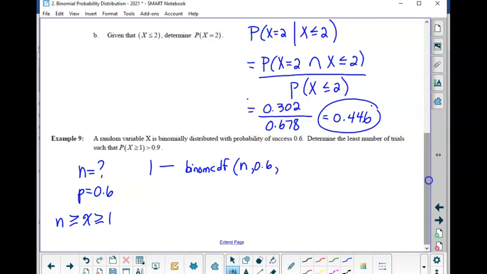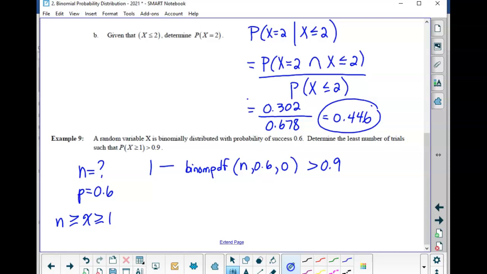And we want greater than or equal to 1. Actually, the only thing less than that is 0, so we can just use PDF. If you use CDF and PDF for that, you should get the same thing for a certain n, because it's starting at 0. Okay, so that has to be greater than 0.9.